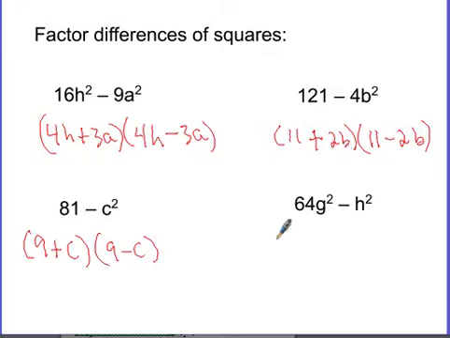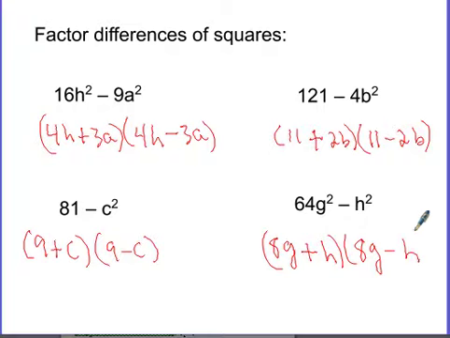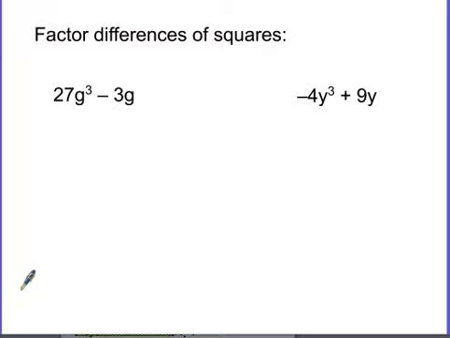Then 64g squared: 8g plus h and 8g minus h. Those are the two factors. All right, not too bad so far, right? All you have to do is take the square root of both terms of the binomial and then make one plus and one minus.